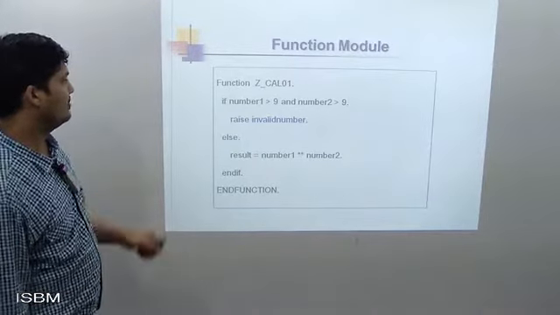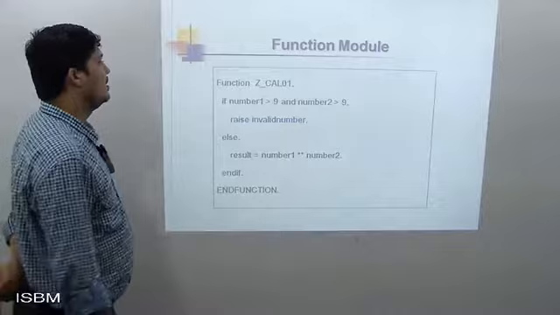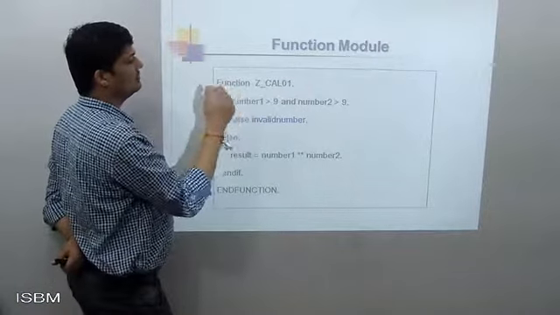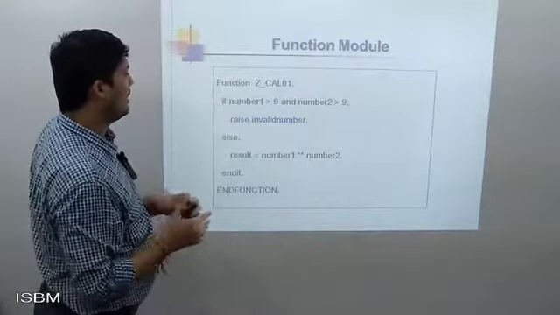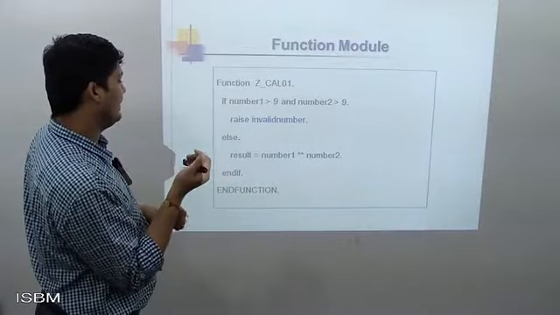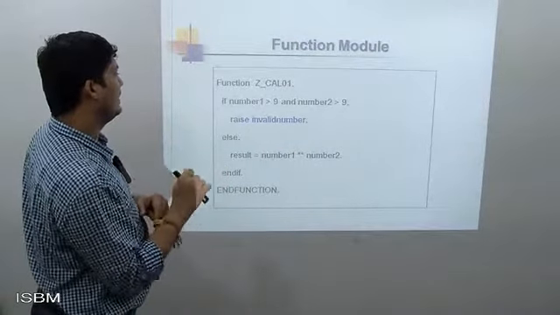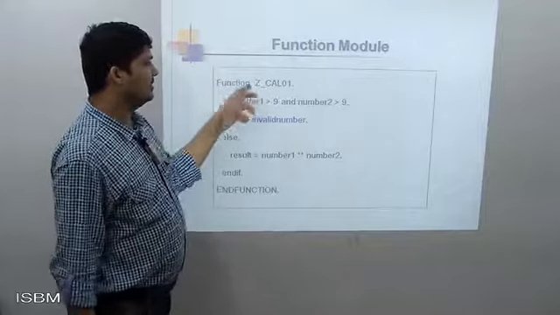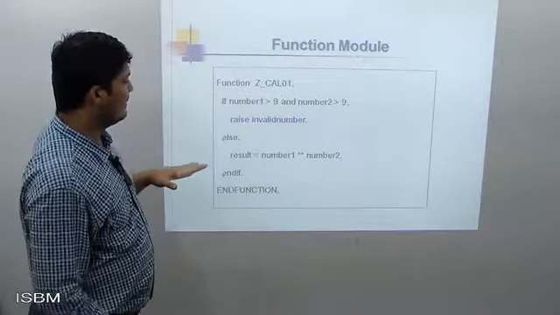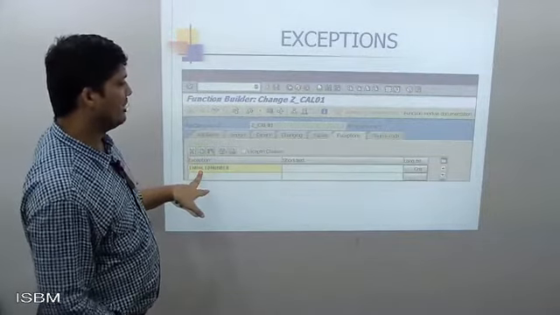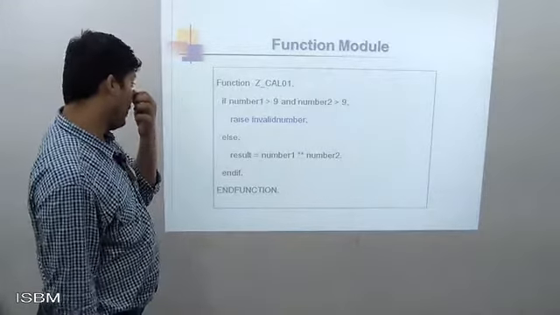Then we have a function module. See, function Z call 01. This is a function. Now I have taken the same Z call function 1. I want to raise the invalid number, just like the invalid number they have written. How to raise the invalid number?